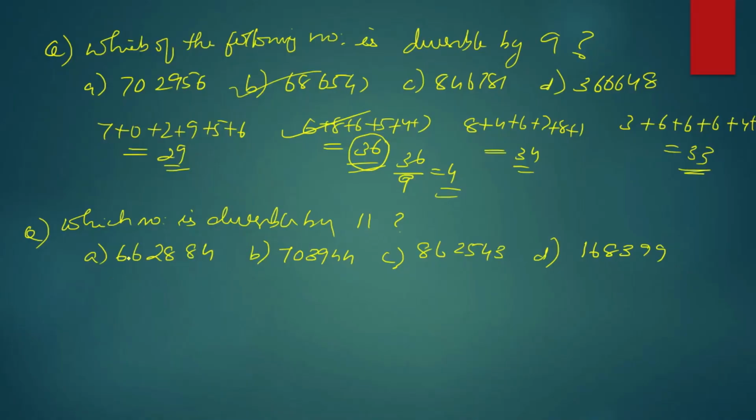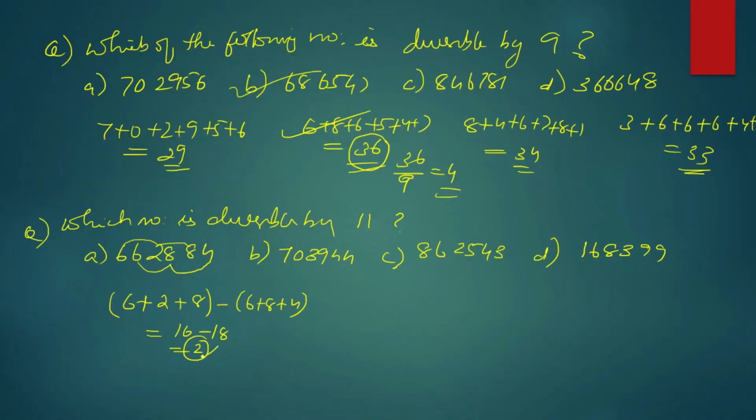In case of divisibility of 11, you have to add the alternate digits, then subtract the sums. Okay, 6 plus 2 plus 8 minus 6 plus 8 plus 4. Here you get 16 minus 18, which is equal to 2.